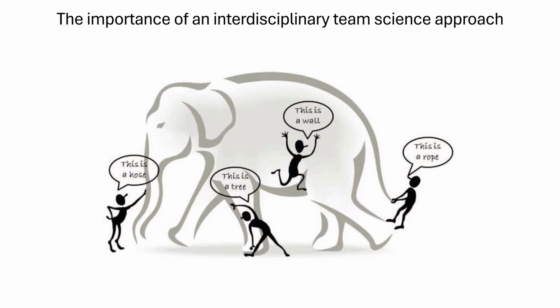So this example here is the parable of the blind men and the elephant, right? So we have four blind men who are each trying to say what this elephant is, and they each touch it in a different place, and they come to a different conclusion about what it is because they can't see the whole. So the person that touches the nose says, oh, I think this is a hose.